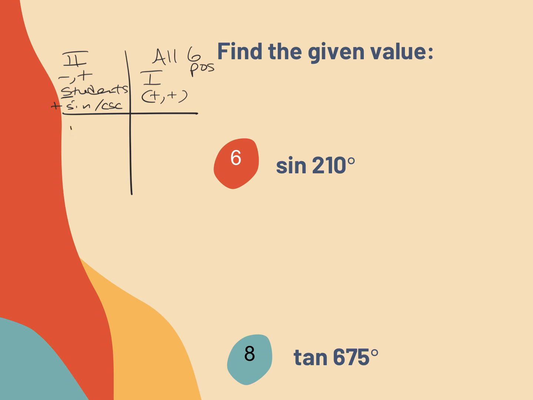And then in quadrant 3, this is where we had a negative, negative ordered pair. This is where we had "take," and the T stood for tangent and cotangent. Those are the only positive ones. And then quadrant 4, the signs on the ordered pair are positive, negative.